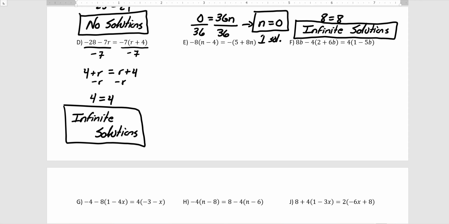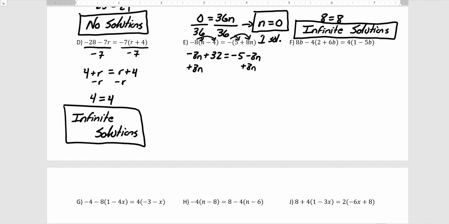Looking at letter E, I'll start by distributing it into everything, and I have this negative I need to distribute as well. So I'll have negative 8 times n, that'll give me negative 8n. I'll have negative 8 times negative 4, that will give me positive 32. And that equals, distribute this negative, negative 5 minus 8n. All right, well, let's get these variables on the same side. So add 8n here. Uh-oh, I see what's going to happen.